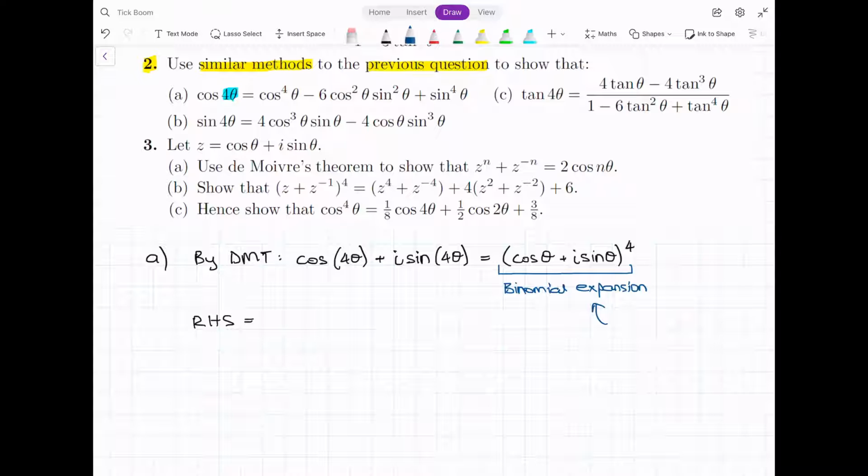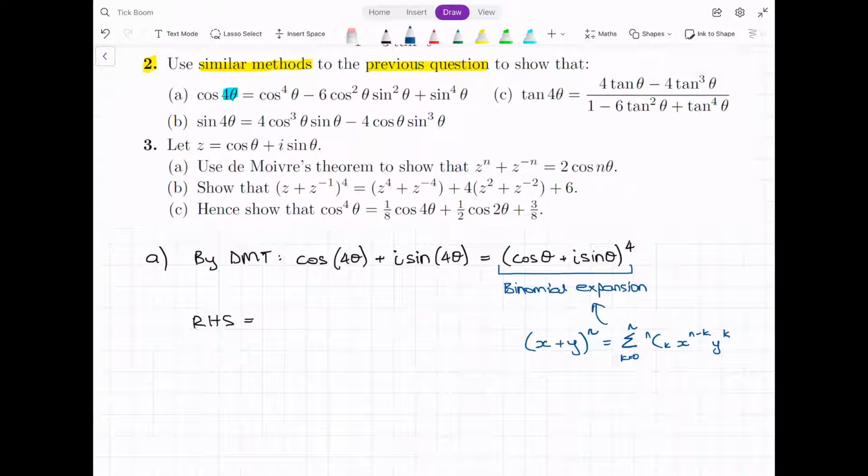As a side note, just in case you're not fully clear, the binomial expansion, if we pick any value x plus any other value y to the power of some power n, we can write that as the sum from k equals 0 up to n of nCk x to the power of n minus k, y to the power of k.